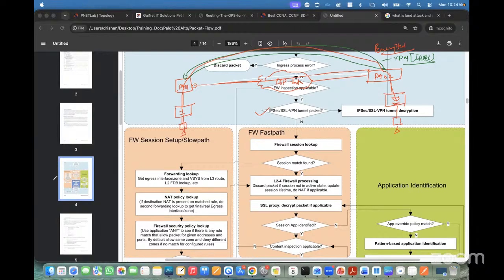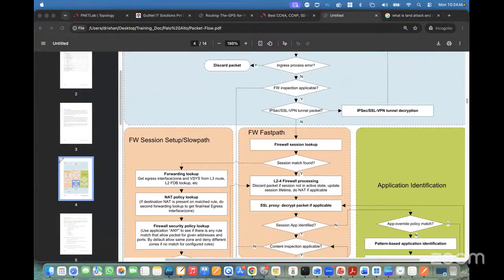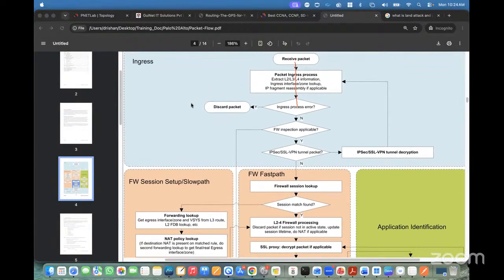So if your packet is coming as VPN traffic for some reason, the firewall first converts this packet into plain text. They have a dedicated engine on the Palo Alto firewall. Let's suppose this packet is going to reach here, and this is the IPsec.